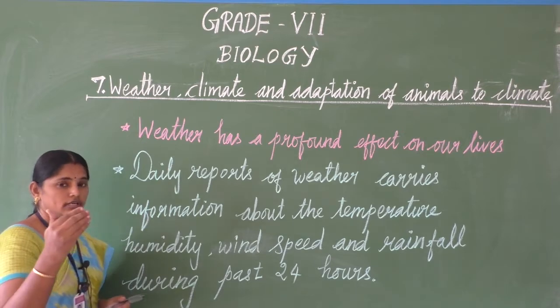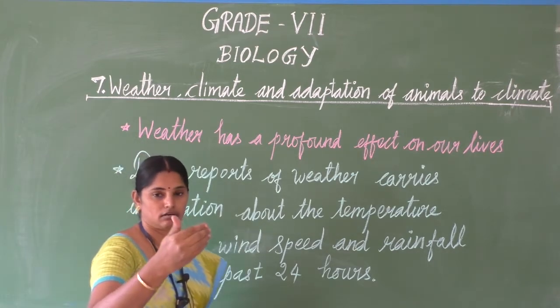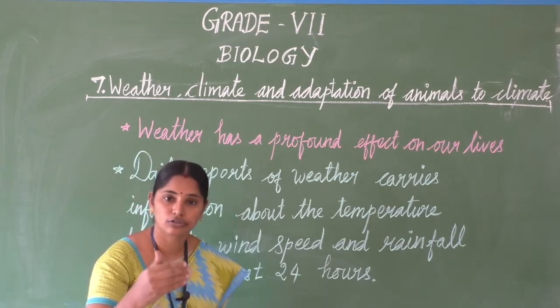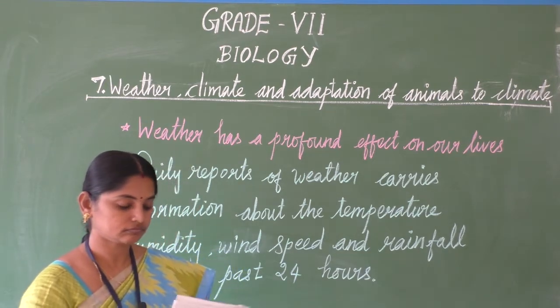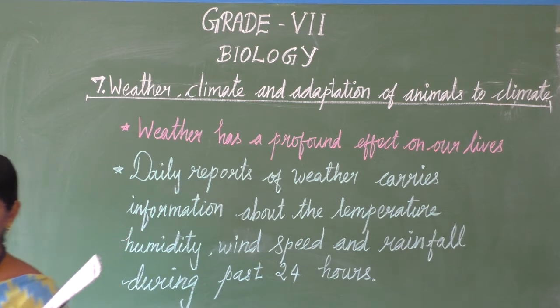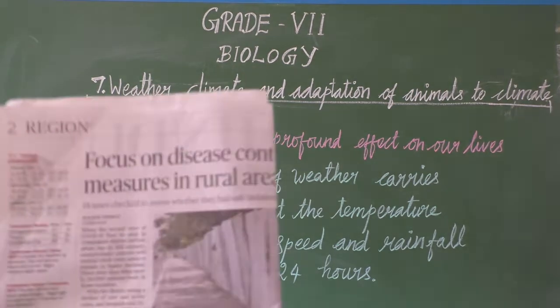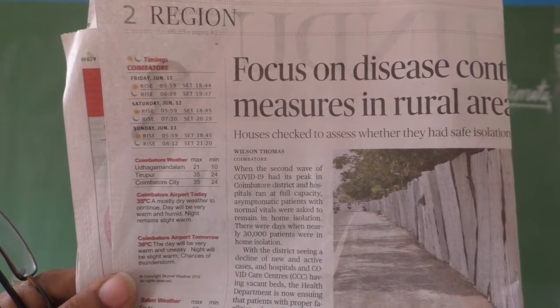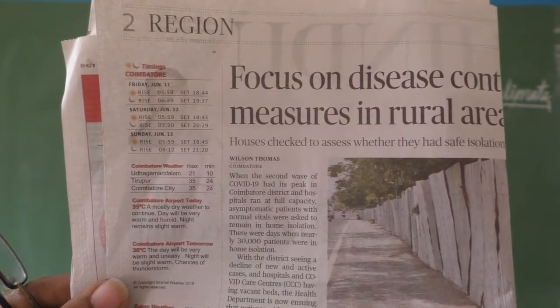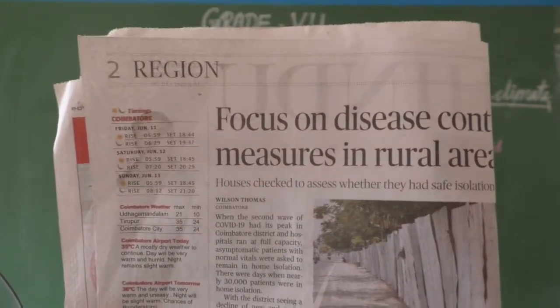In our daily report, on television or in the newspaper, look here, this is the Hindu newspaper. Here on the second page, they are giving the report about weather, isn't it?